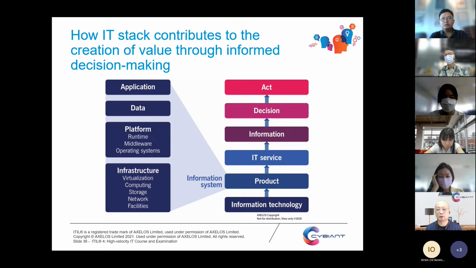When you look at the infrastructure, the platform, the data, the application, it constitutes that IT service to your customer. So the question is, do we continue to invest to maintain this? Is it generating revenue for the bank? Or do we make a decision eventually to sunset or to terminate or to stop offering that? So something to think about.